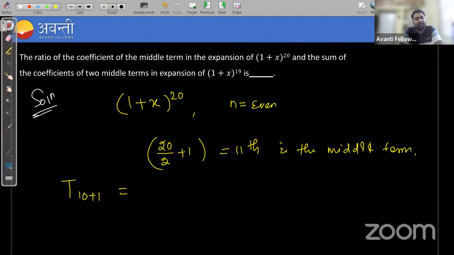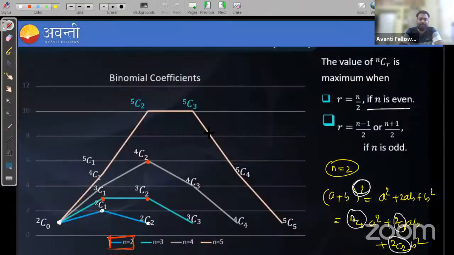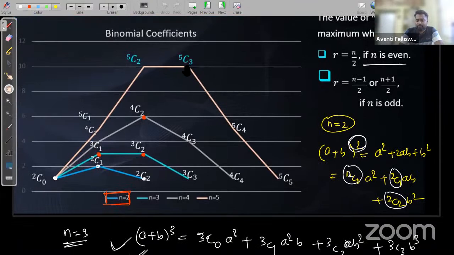Here n is given as even. Always remember what you observed here: the coefficient of the middle term is the maximum binomial coefficient.